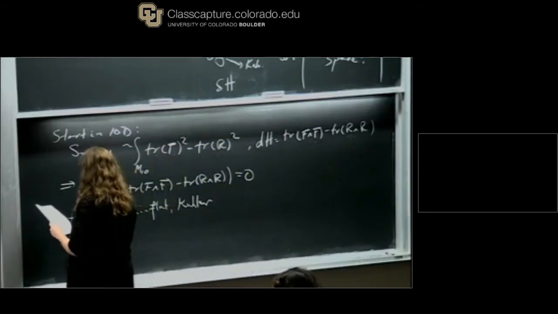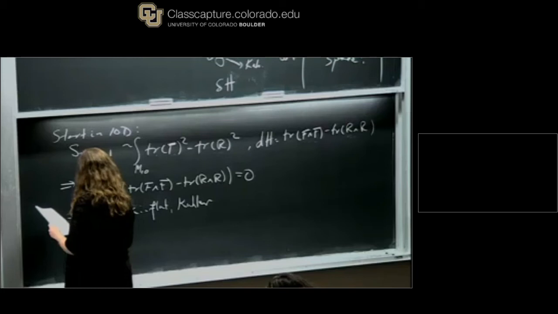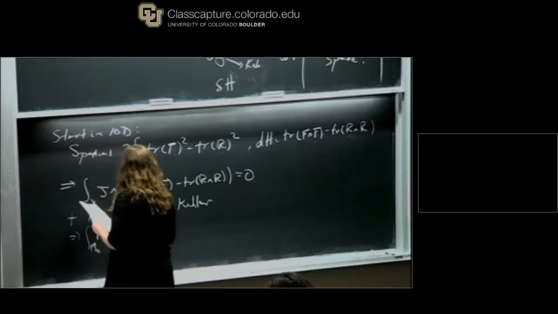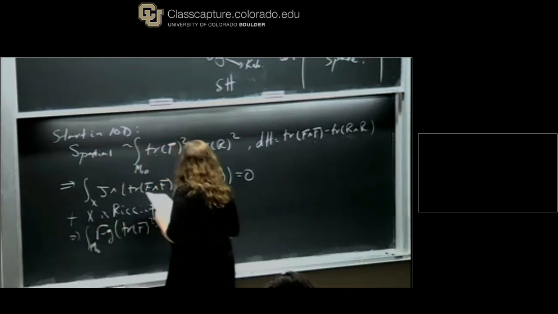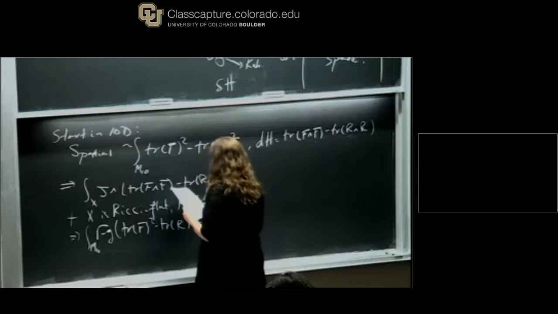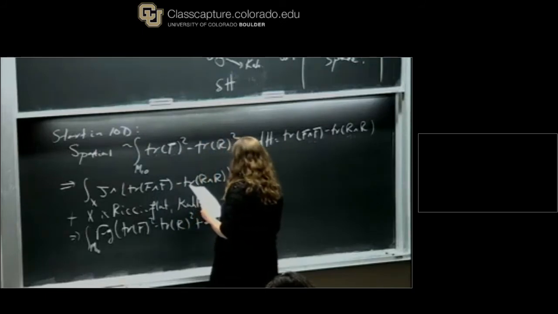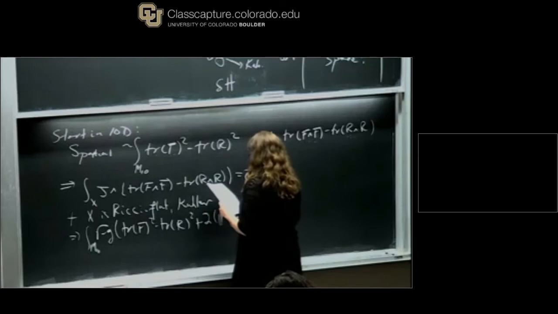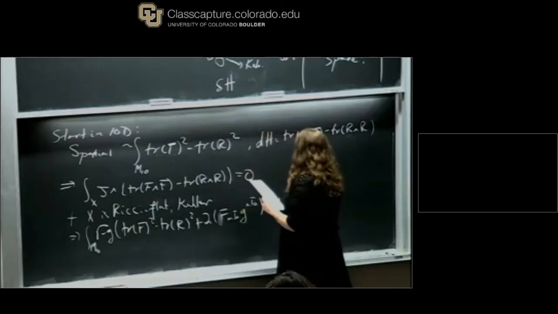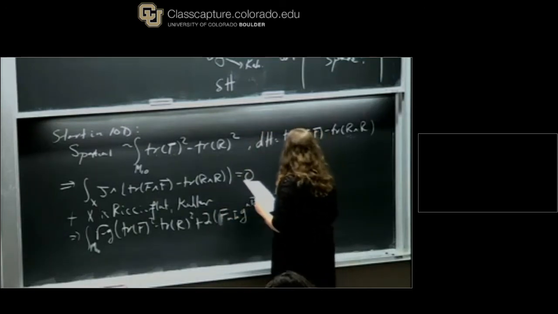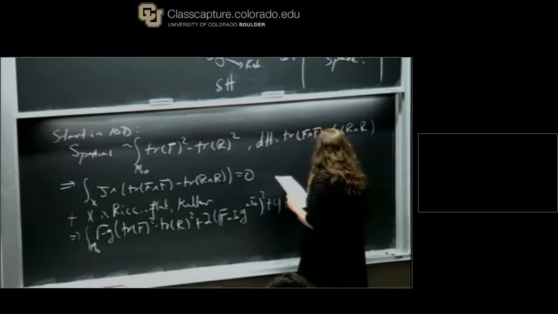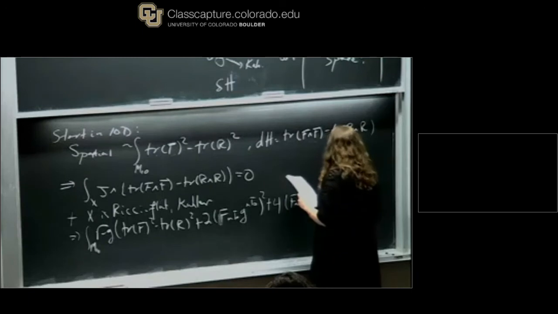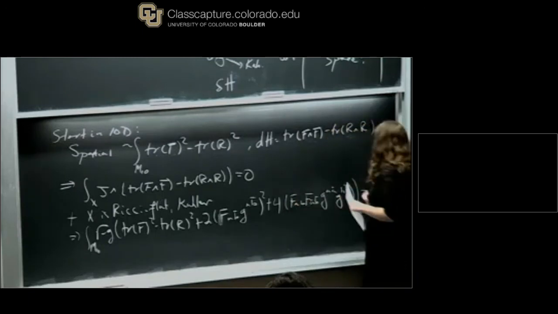you can show that this implies the following. The integral over M10 of minus G trace F squared minus trace R squared, plus 2 times F_{a b} F_{a-bar b-bar}, is 0.